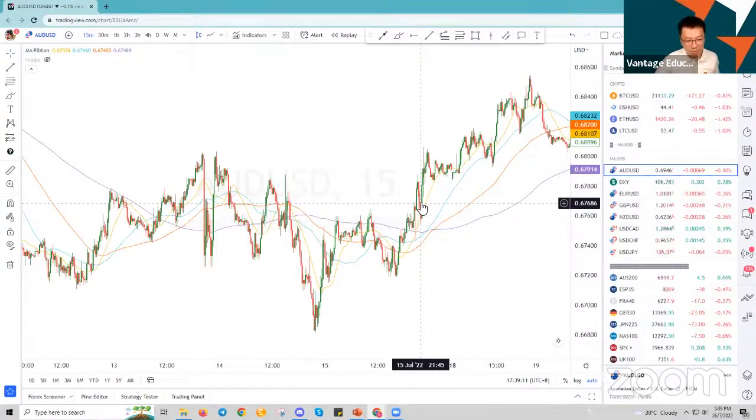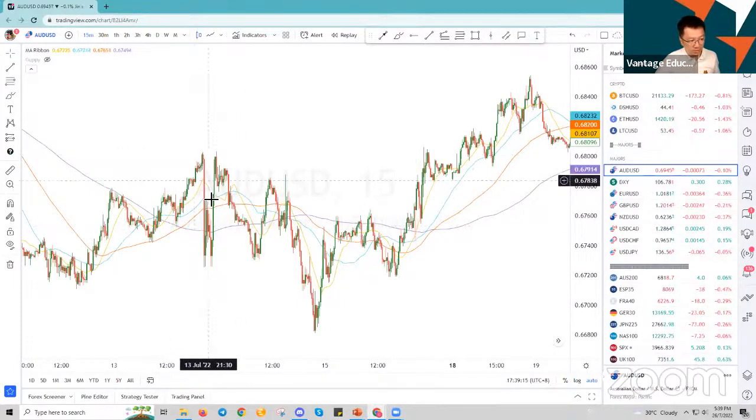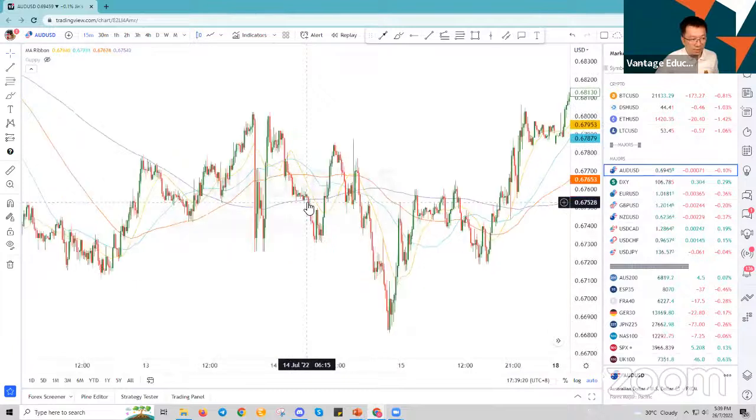So I'll show you this to highlight the point, especially here you can see a big strong break before bouncing back up. This is to highlight the point that when you look at moving averages, or at any indicators, in fact, it's going to be a lot noisier on price and indicators in the smaller time frame compared to if you looked at it on the H4 or on a daily time frame.